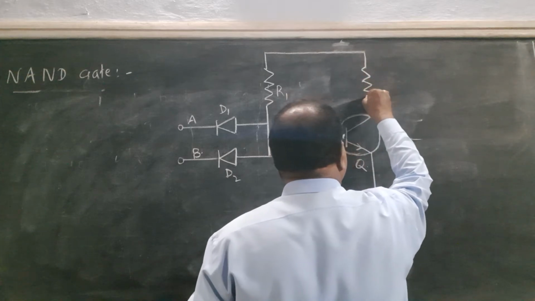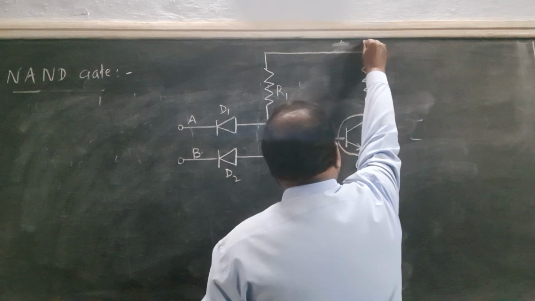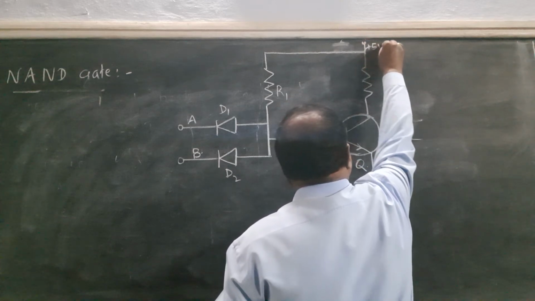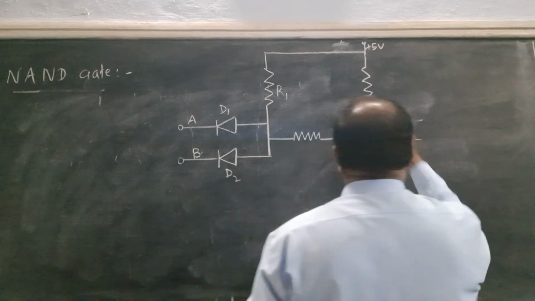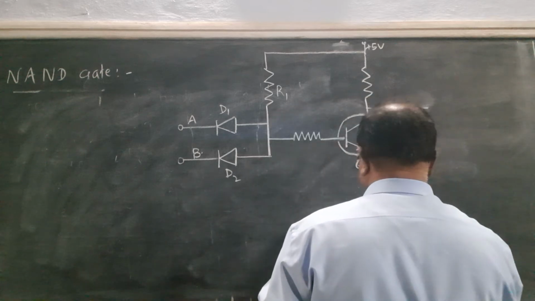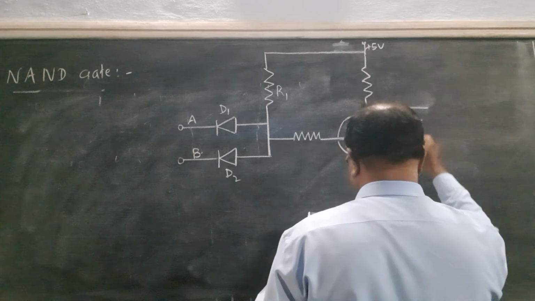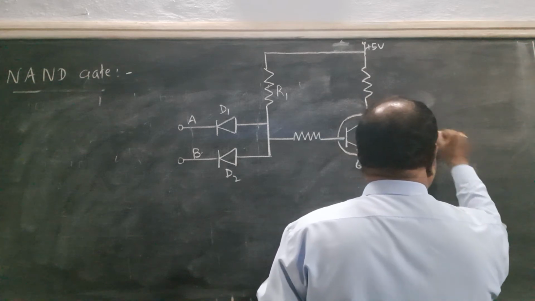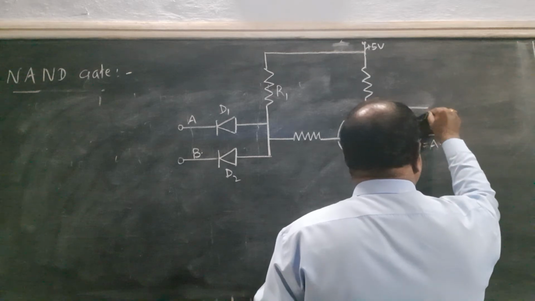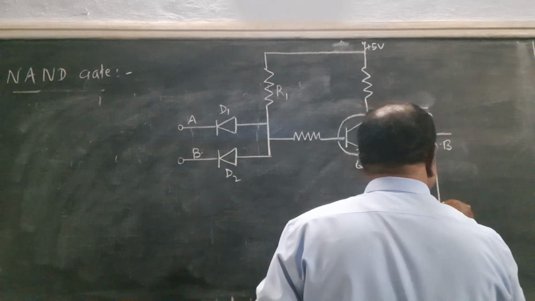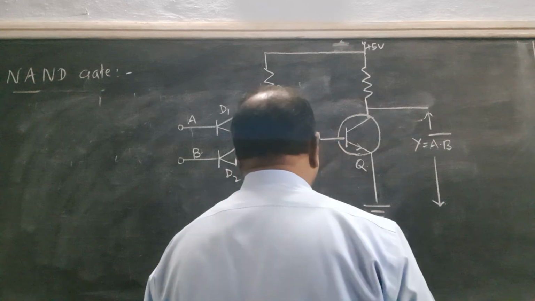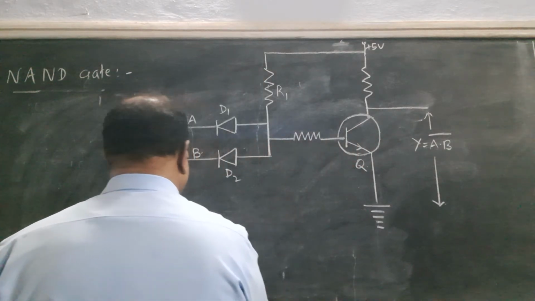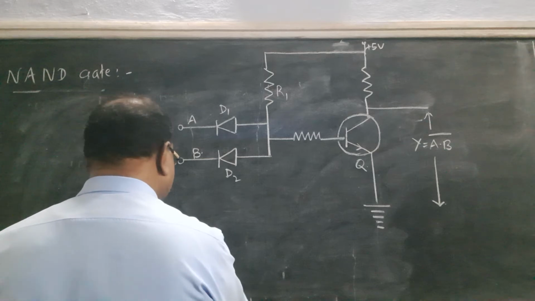It is connected to a resistance. Again, it is connected to plus 5 volt supply, and output is taken between the collector and the ground point. So you know that the output is A dot B bar. Output is taken between the ground point and this, right? Up to here it is acting like an ordinary AND gate.